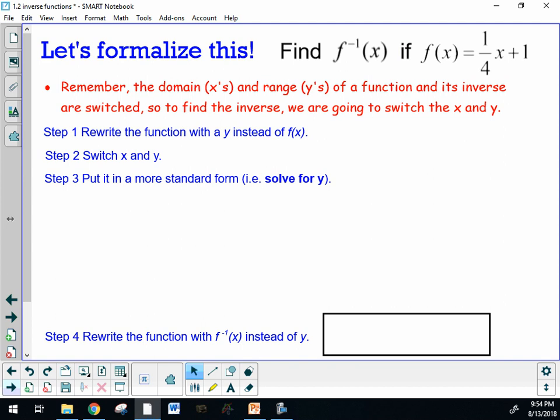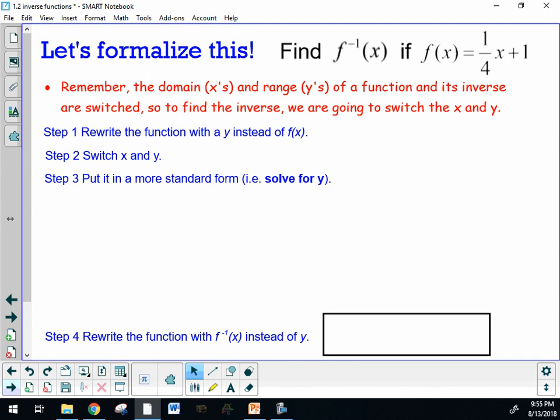We want to be able to start with that function and come up with, through a process, the equation of its inverse. So we want to find, in this case, f inverse. So remembering that the domain and the range of a function and its inverse are switched. Those x values and y values switch for a function and its inverse. So to find the inverse, we're going to use that property.